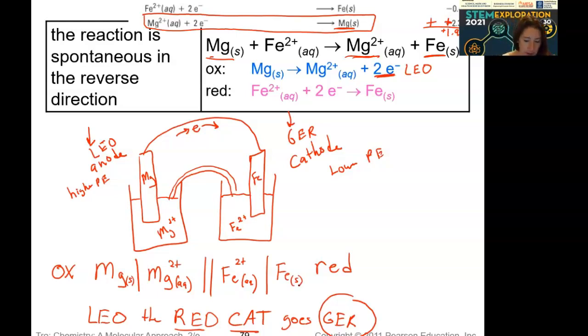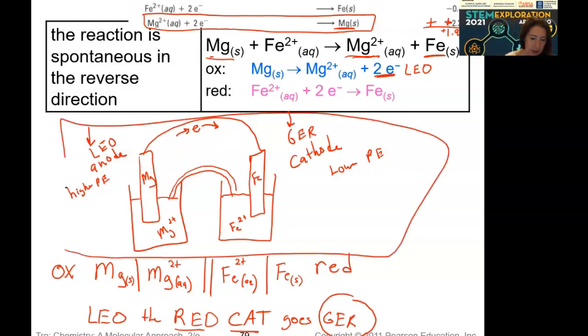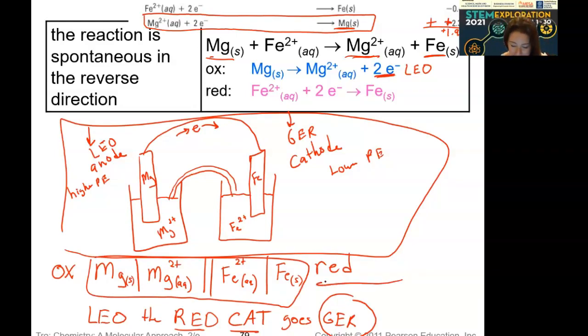So this means this, right? They literally mean the same thing. This big picture is the exact same thing as that cell notation right there.